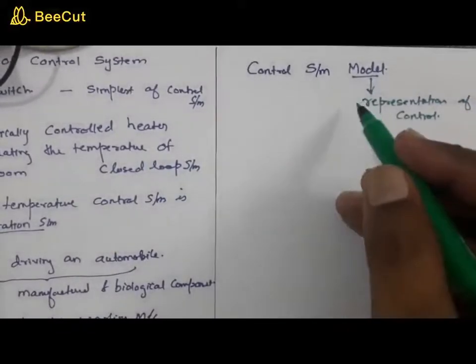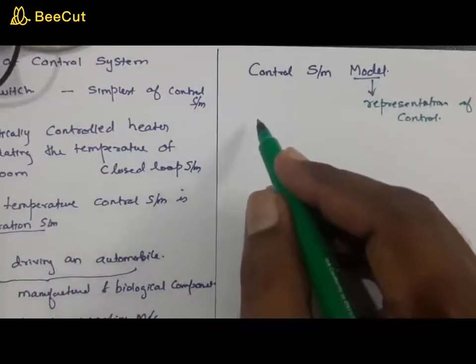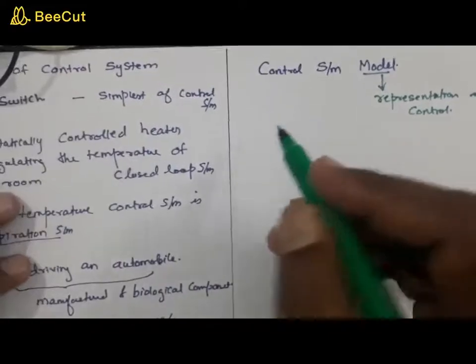This is very important. There are three different models that are extensively used in the study of control systems.